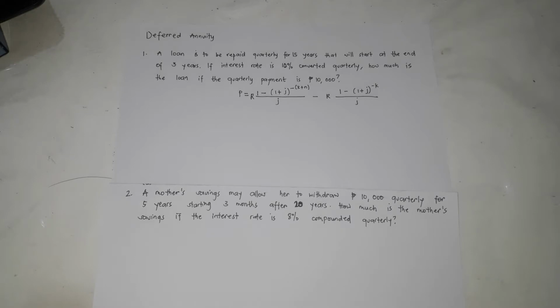That's a deferred annuity. So if it is a monthly payment, you're not going to immediately start payment after the first month, but there is a rest period, the rest months rather.